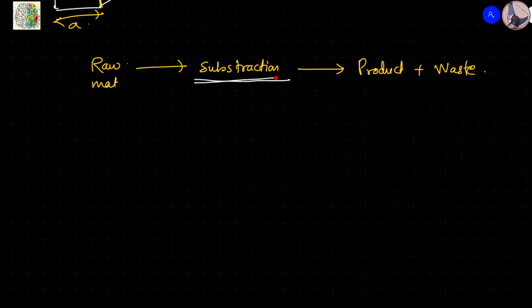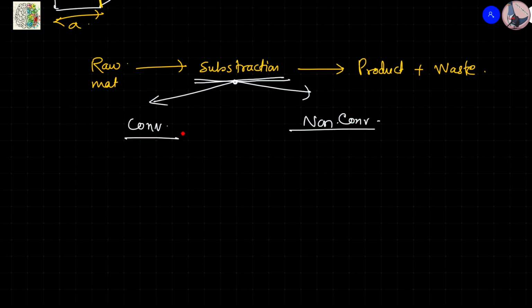This subtraction can be done in two good ways: either conventional or non-conventional. What do we mean by this? Conventional means using some machines. Using machines, you need to do this removal or subtraction from the raw material.